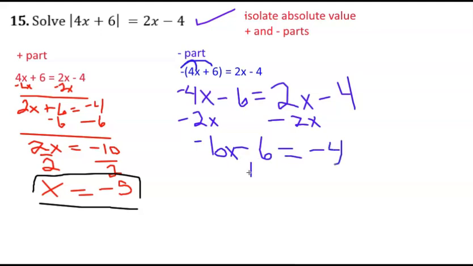Add 6. You get -6x equals 2. Divide by -6. And then you get x equals -1/3.